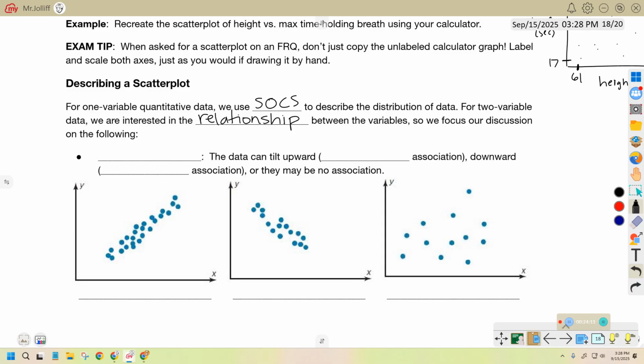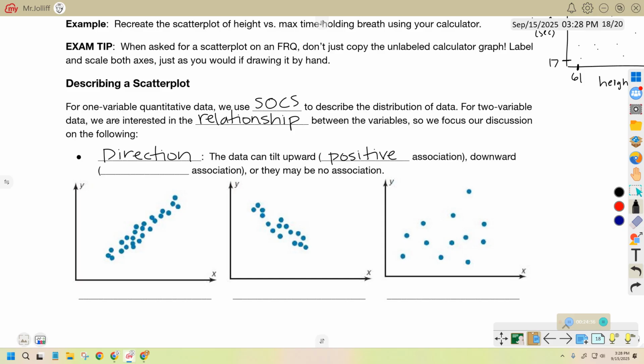The first is the direction of the data. Which way does it tilt? If it tilts upward, we would say that there is a positive association between the 2 variables. As one increases, the other increases.